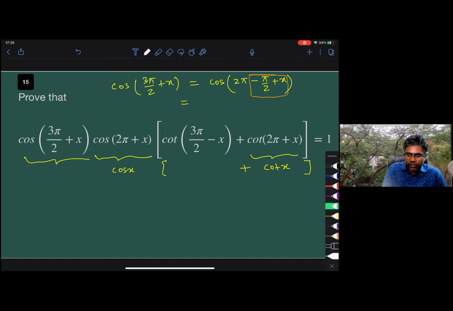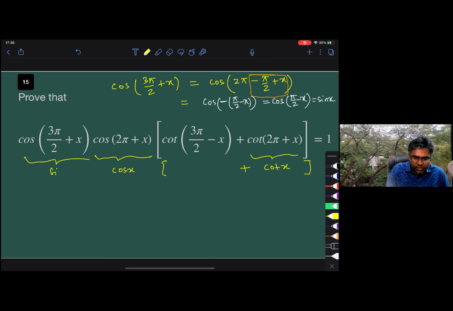So that will give me cos of minus pi by 2 minus x, because there is a plus there. Now cos of minus of something will be just cos of that angle. So you'll get cos of pi by 2 minus x. Now, this is simply sin x. So cos pi by 2 minus x is sin x. So that we will substitute here. So we have here sin x.